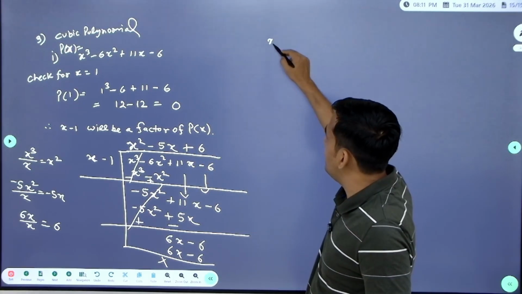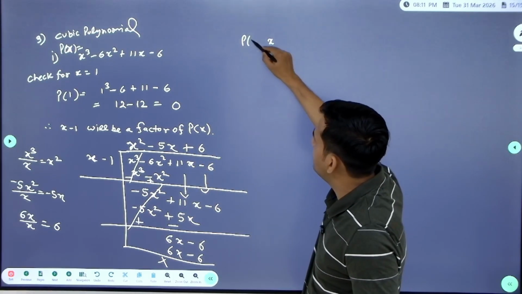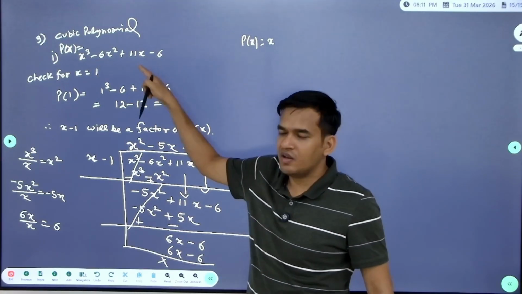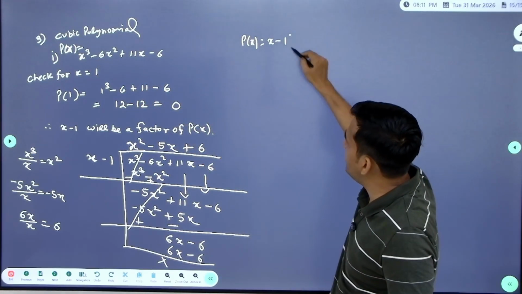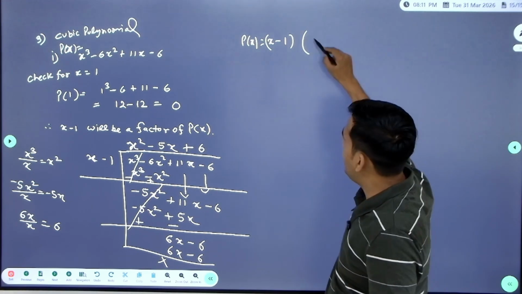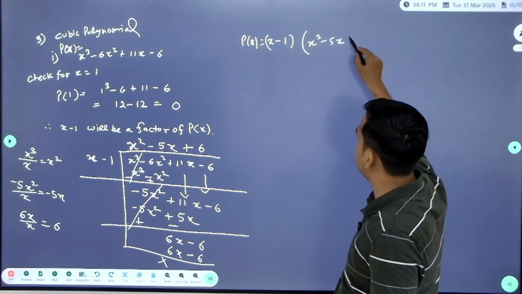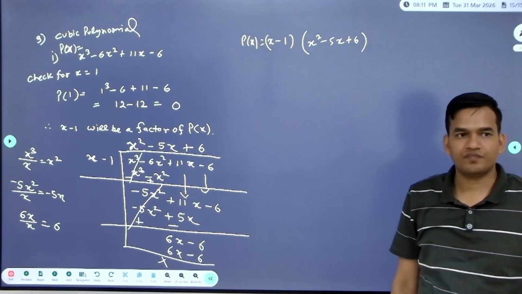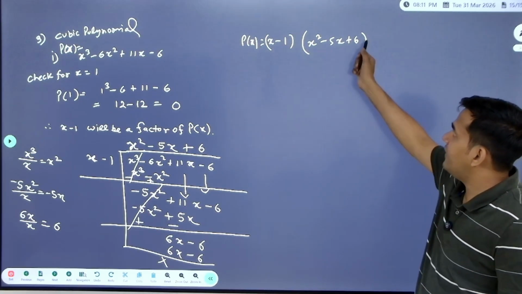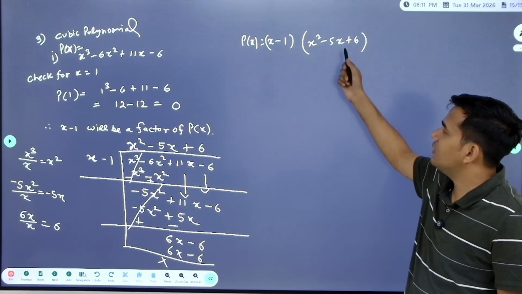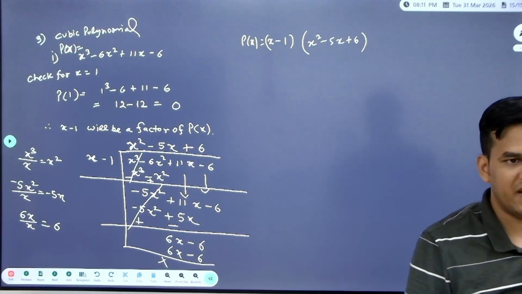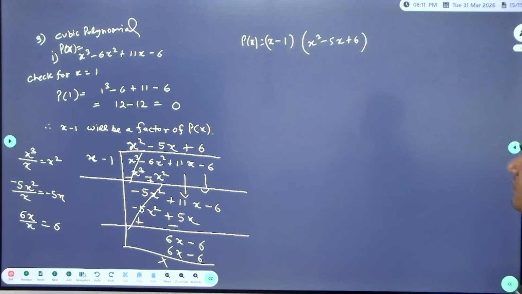So P(x) equal to this cubic. Now this cubic is equal to x minus 1 into x square minus 5x plus 6. Then we can find the factors of this quadratic polynomial using middle term splitting, that we have already done.